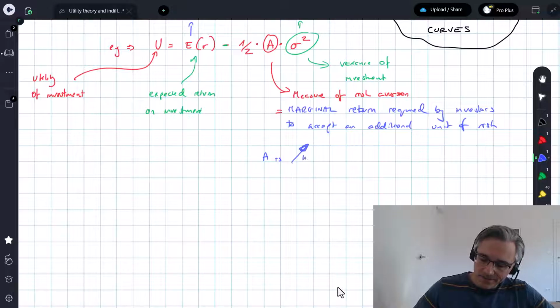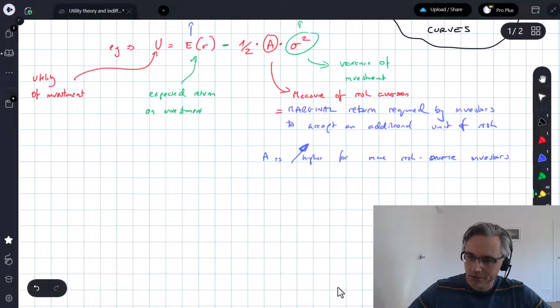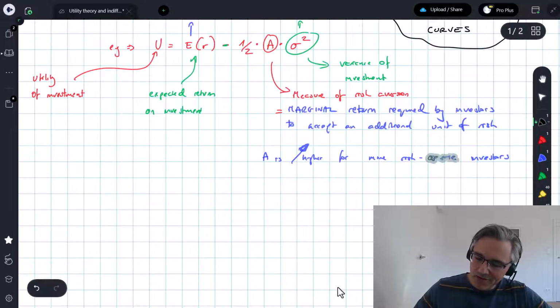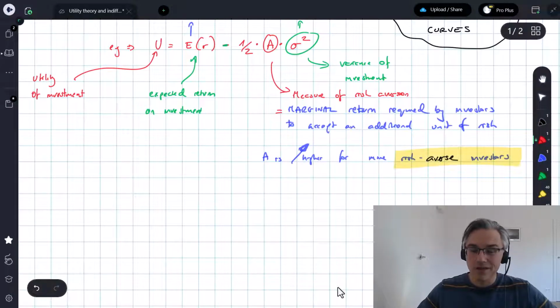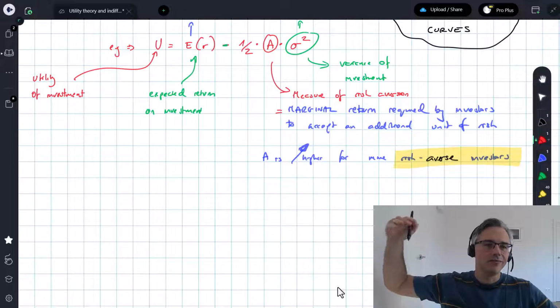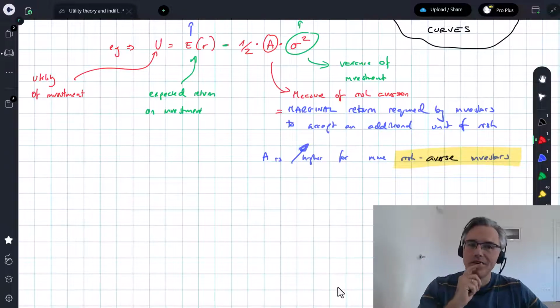Now, A is higher for more risk averse investors. So investors who are sort of normal people, they're quite risk averse, which is a classic thing to encounter. So if investors are risk averse, they would have a higher A, and the more risk averse somebody is, the higher A they've got.